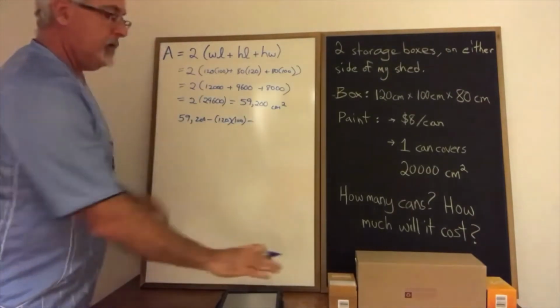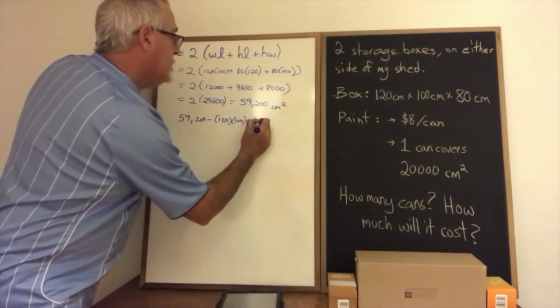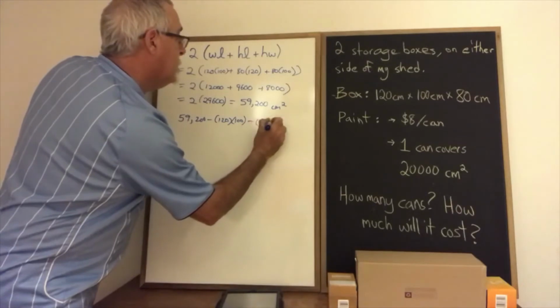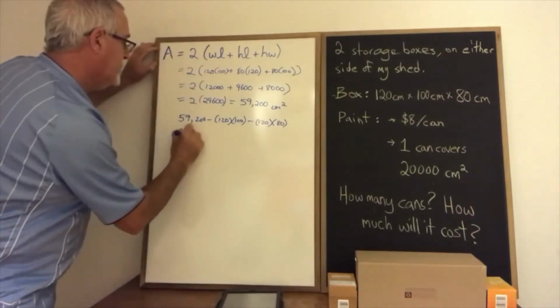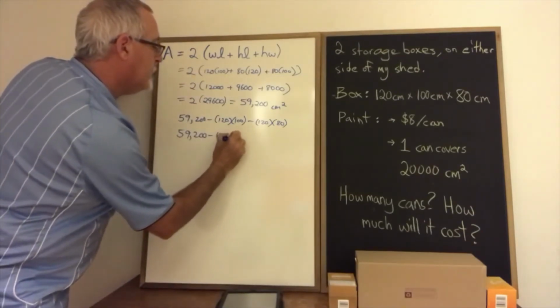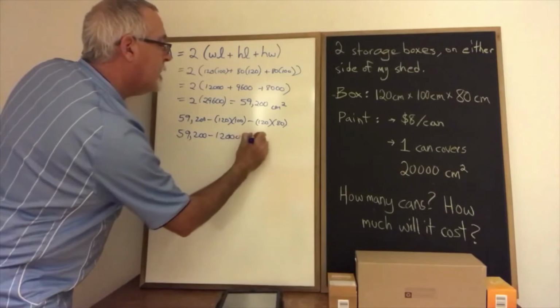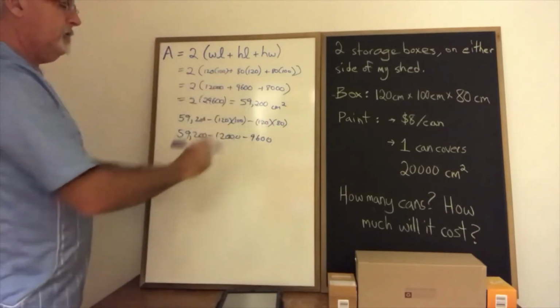And I'm also subtracting the bottom, which is one of the medium length sides. That is going to be the 120 times the 80. So I'm subtracting 12,000 and I'm subtracting 9,600. We get to see some of these numbers over again.